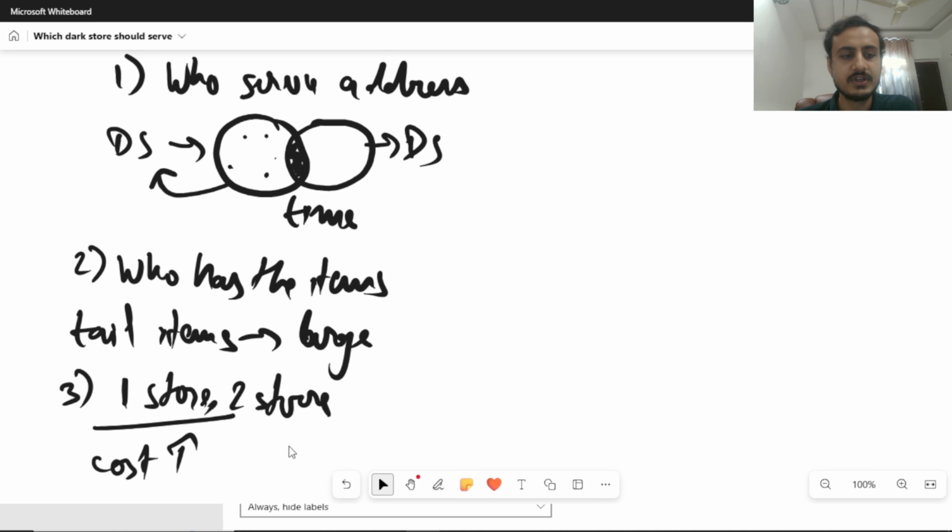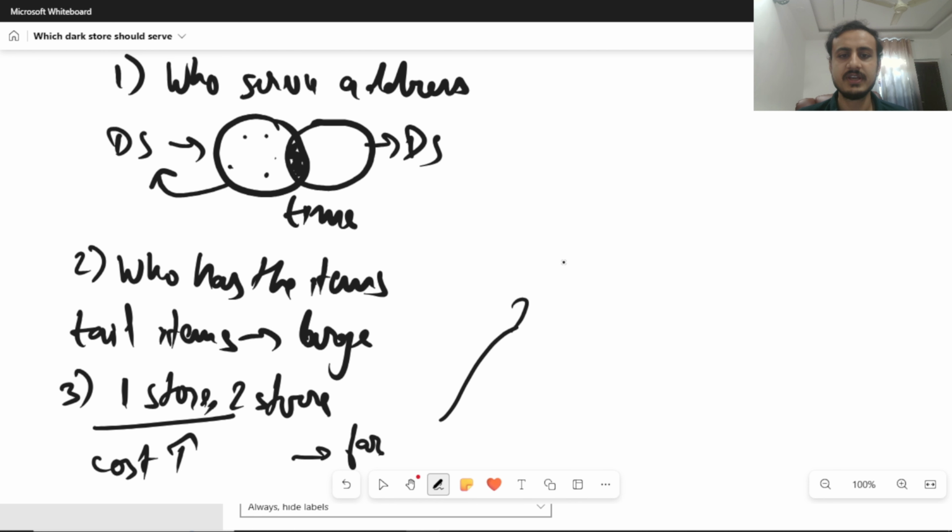So it is always a good idea to assign such kind of an order to a far dark store. At least you can fulfill all the items in the order. Also, multiple riders in an order affects the customer experience, and that is something that you don't want to do because the customer would have to come twice out of the house to pick up the order.